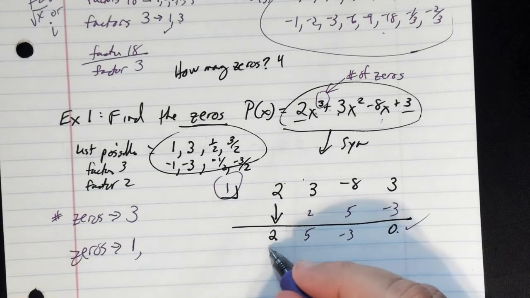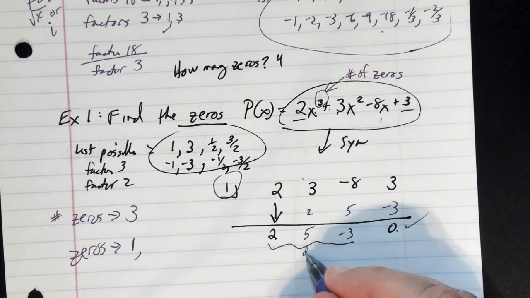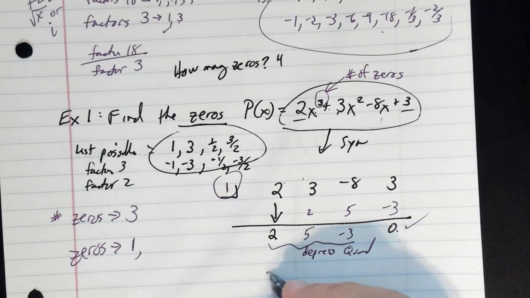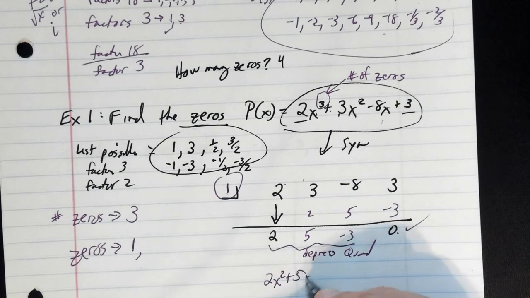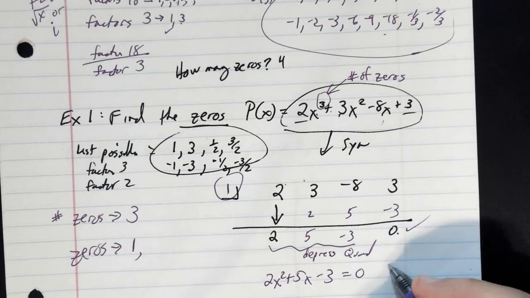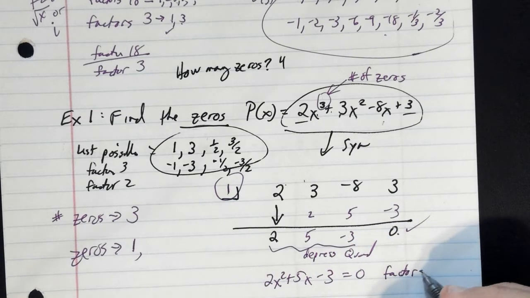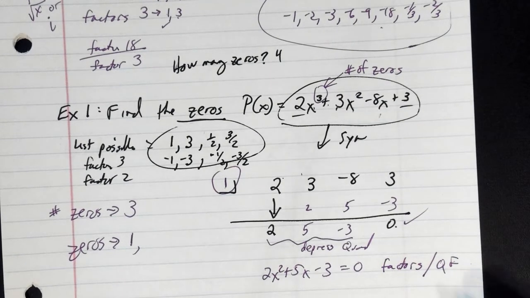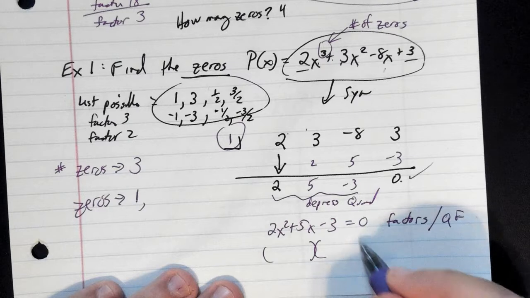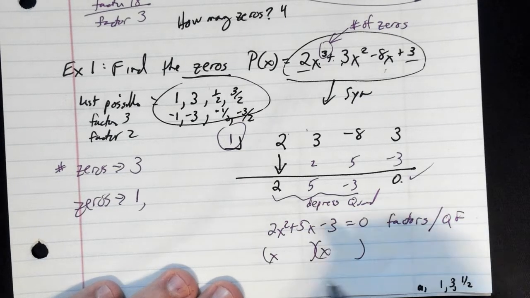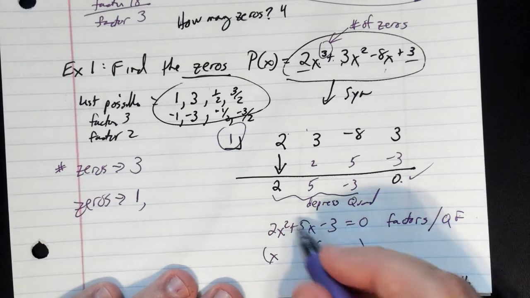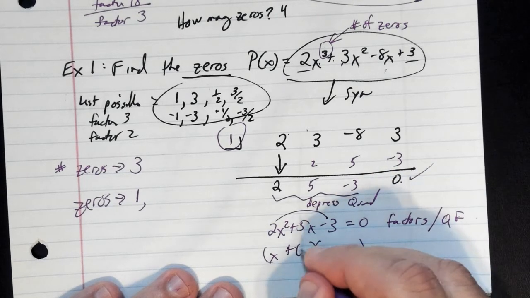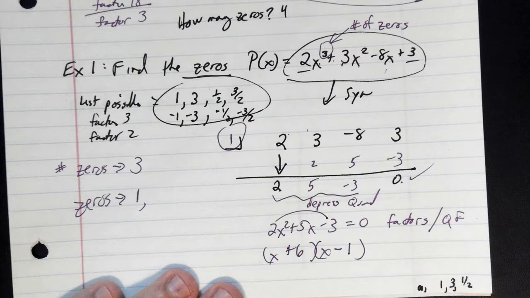Which means this depressed equation is going to be quadratic. It's going to be 2x squared plus 5x minus 3. See if it factors or use the quadratic formula. Now in this case I think it does factor, because I'm going to have an x and an x. Okay, factors of -6 that add up to 5: +6, -1.